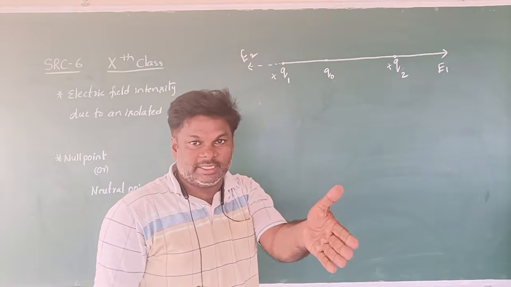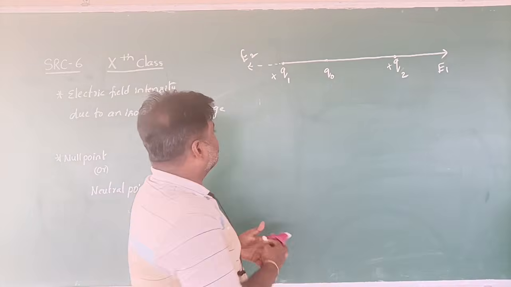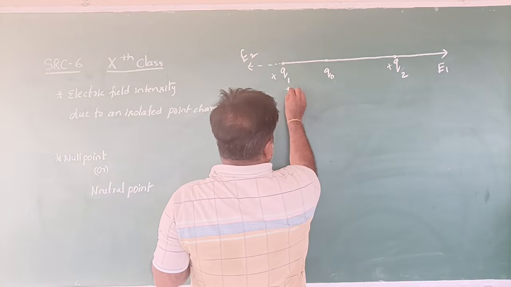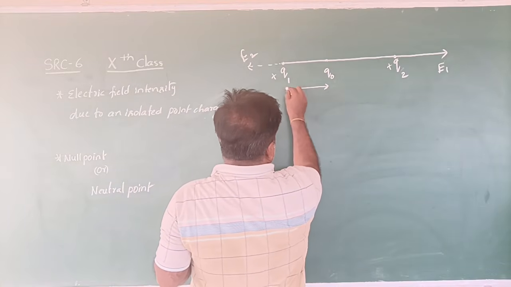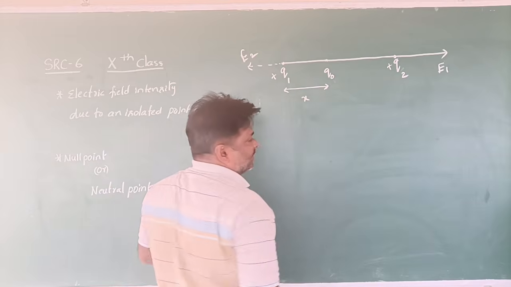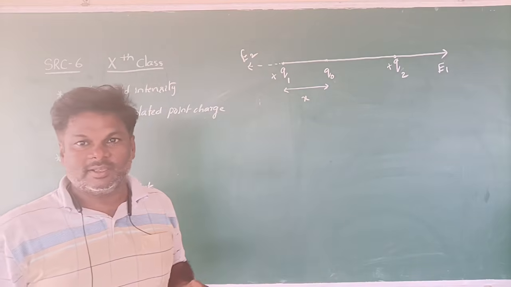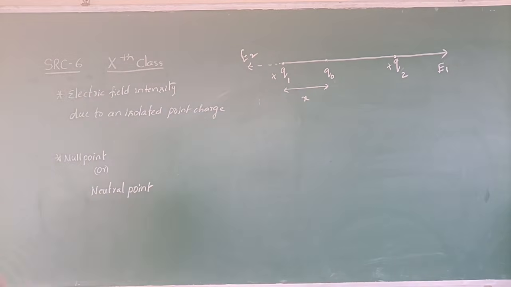Middle means not at the center. If it is located at a distance x, whichever it is, x or something else, you can take it as you wish. If it is x, okay. If it is not x, it is also okay.